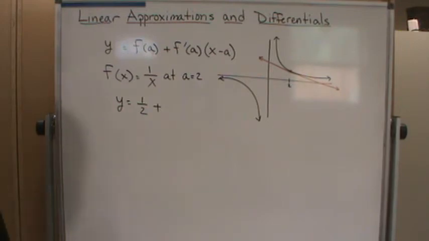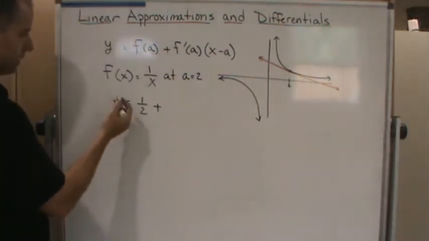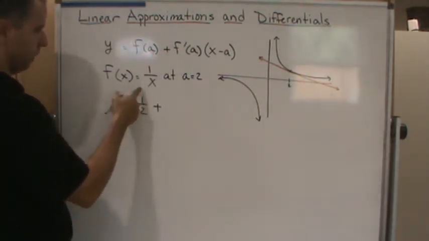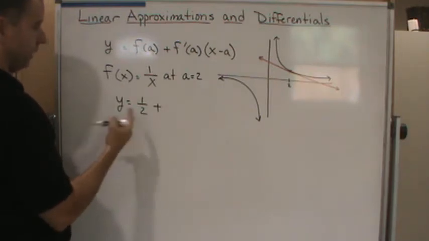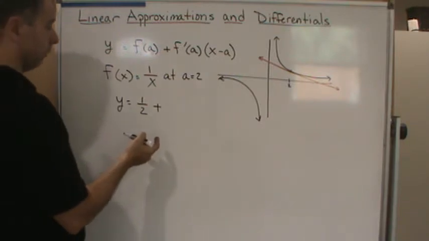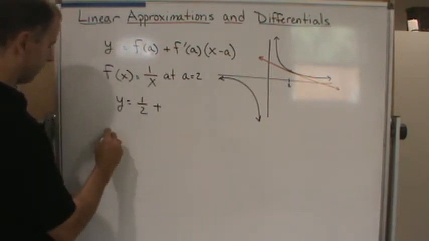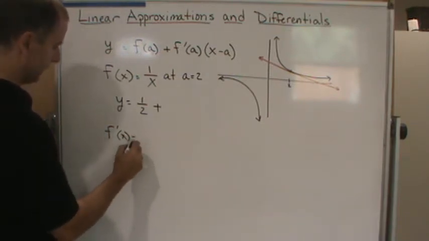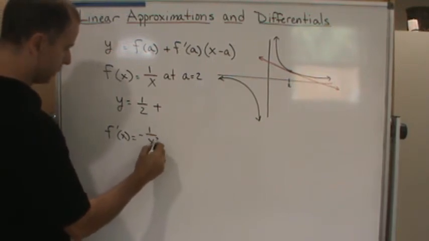So what's f prime of a? What's the derivative of f? It's going to be negative 1 over x squared. So f prime of x equals negative 1 over x squared.